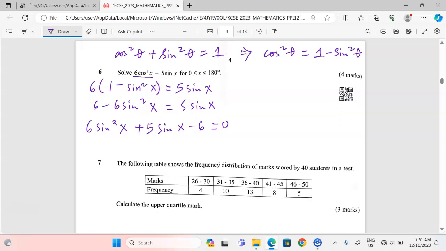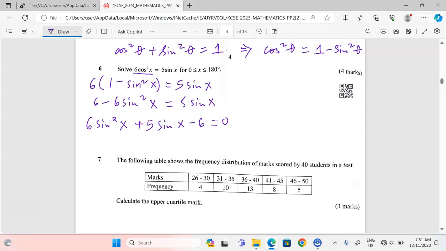But instead of solving the quadratic in terms of sine, we can let the sine of x be t. So we can write 6 t squared plus 5t minus 6 equals 0. Now it's quadratic and we can solve it.